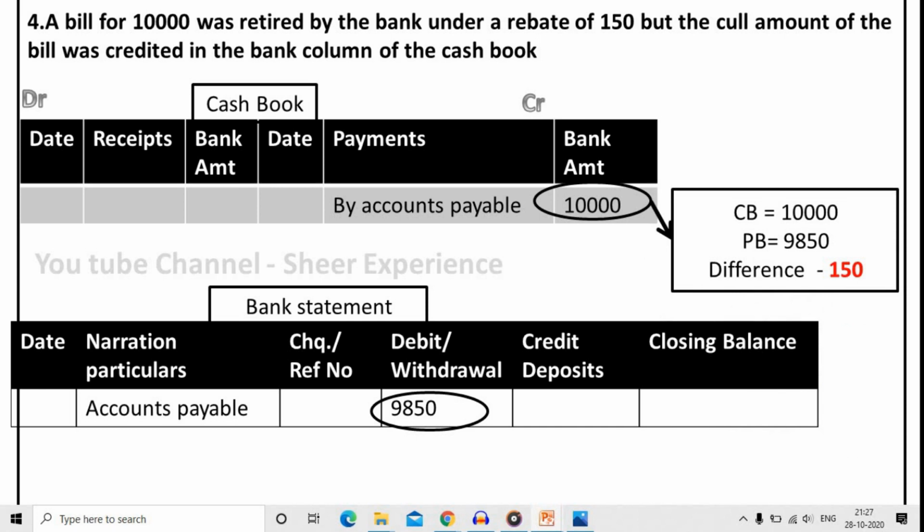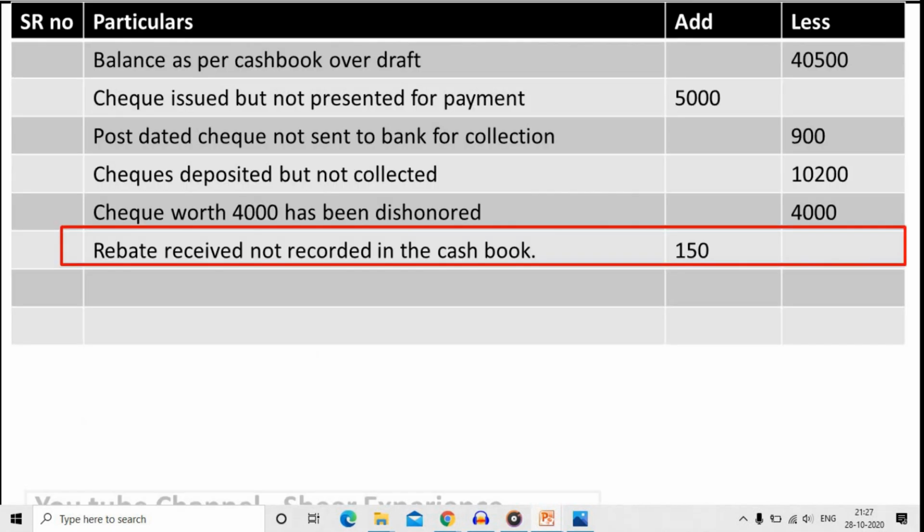So this difference we will mention it in the add column because it is already recorded in the credit side of the bank column. To nullify or rectify the wrong entry, we will mention the amount in add column. Less column refers to payment side of the cash book and add column refers to receipt side of the cash book. So 150 in the add column, and in the particulars column, rebate received not recorded in the cash book.